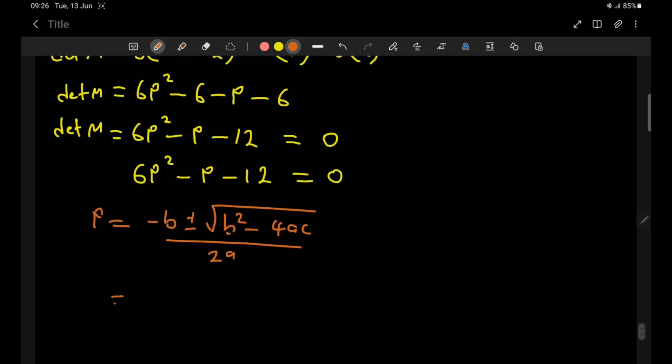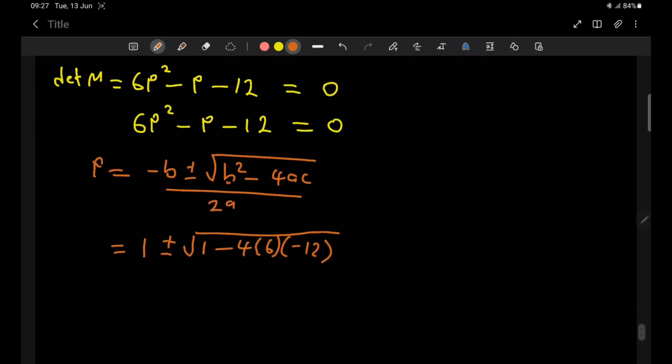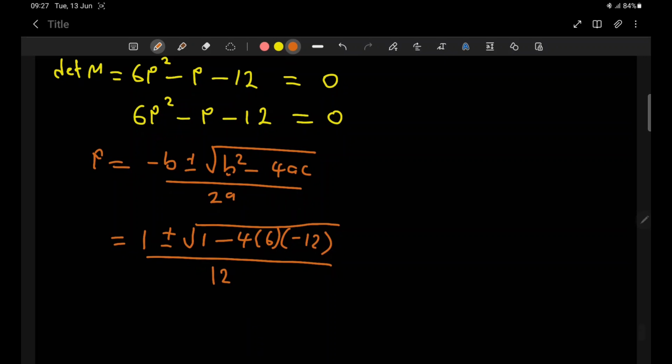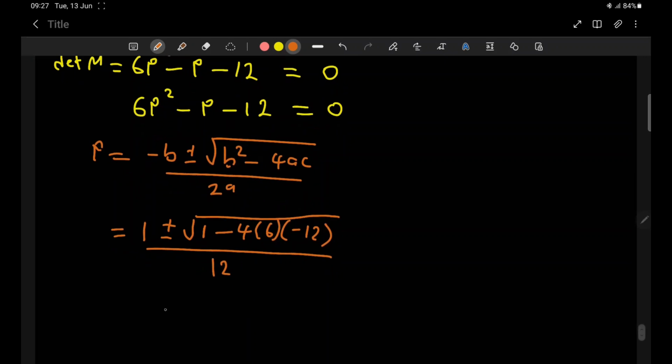Replacing, that's negative 1, so we just have 1, positive or negative, then negative 1 squared, so 1 minus 4 times 6 times negative 12, and then this is over 12, 2 times 6 is 12.